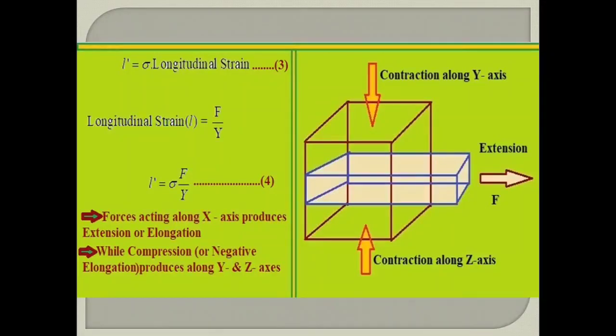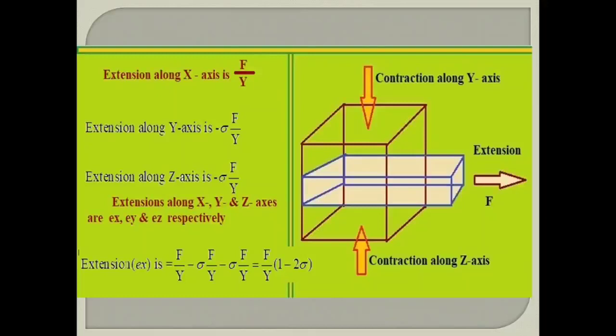Extension along the x-axis is equal to capital F divided by capital Y. Extension along the y-axis is nothing but the compression along the y-axis, and it is given as minus sigma into capital F divided by capital Y. Similarly, extension along the z-axis is minus sigma into capital F divided by capital Y. Extensions along the x, y and z axis are given as Ex, Ey and Ez respectively.